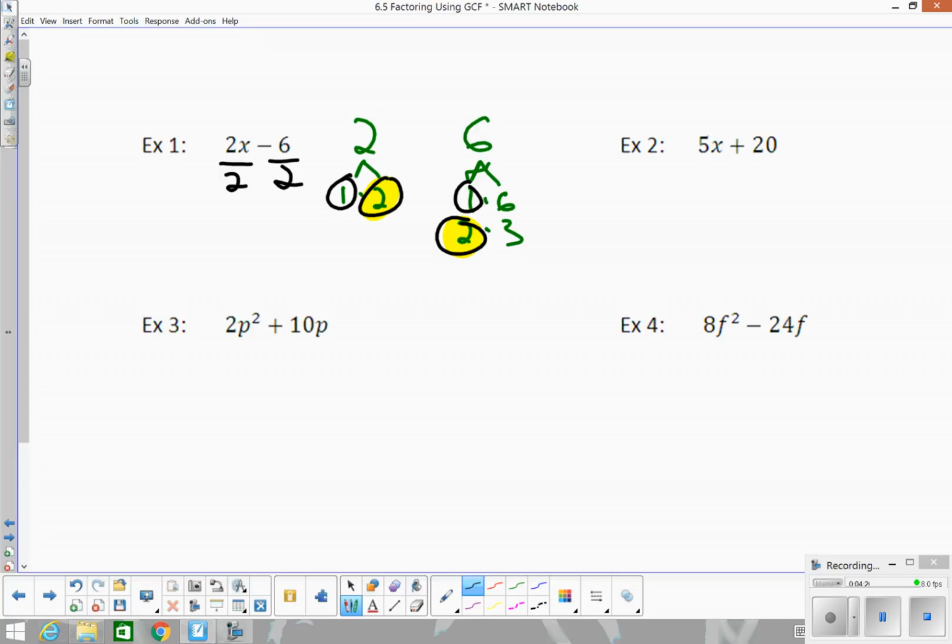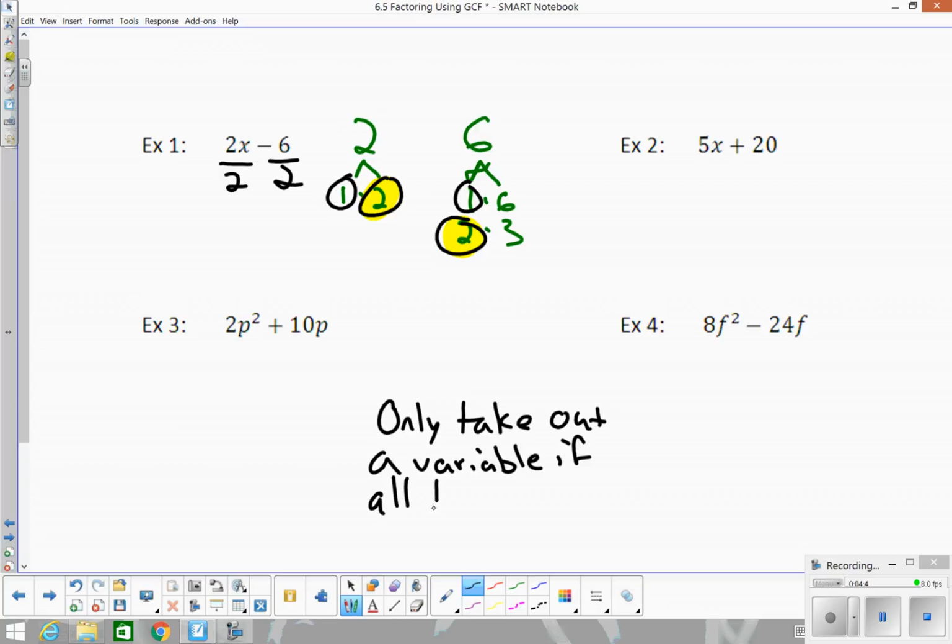So you can only take out a variable if all terms have at least one. So with 2x minus 6, they both don't have an x, I can't take out an x.